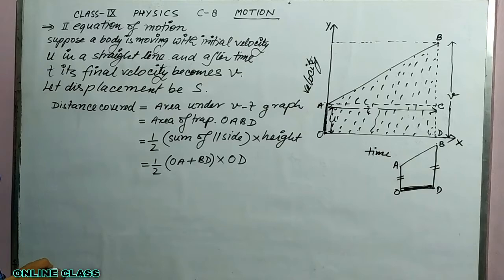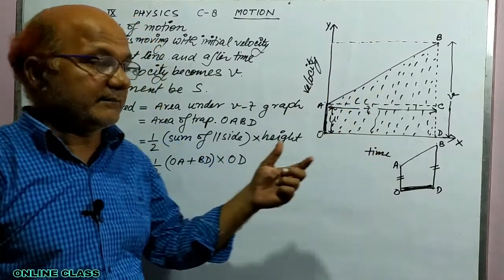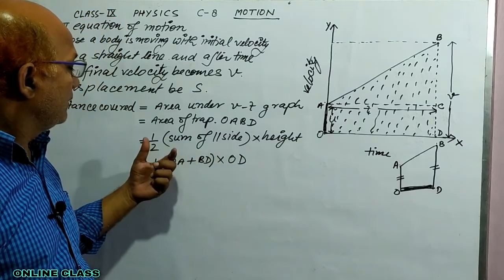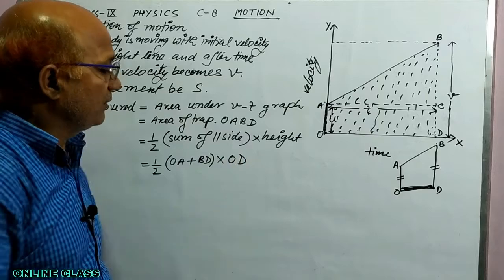And now you can see from the velocity time graph we can find out these values.